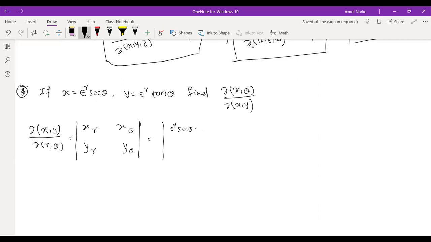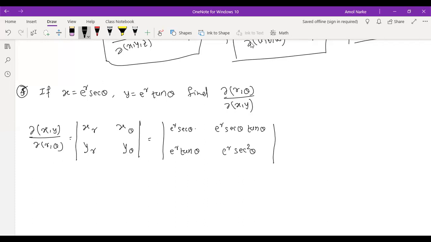And x with respect to theta is e raised to r sec theta tan theta. Exactly. Now y with respect to r, same, e raised to r into tan theta, and y with respect to theta: e raised to r as it is, and derivative of tan theta is sec square theta.